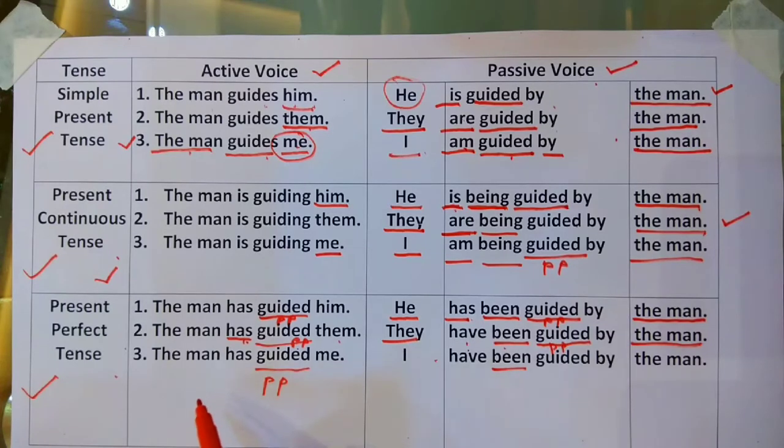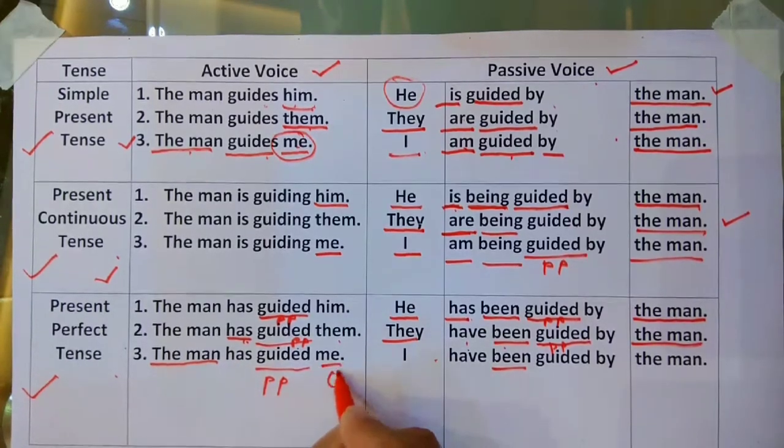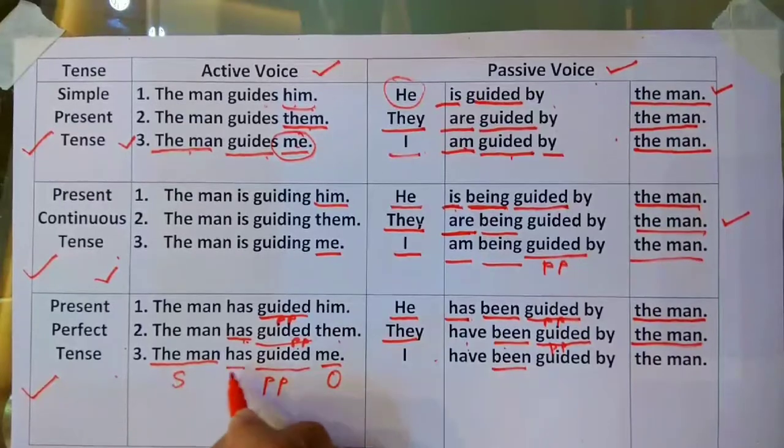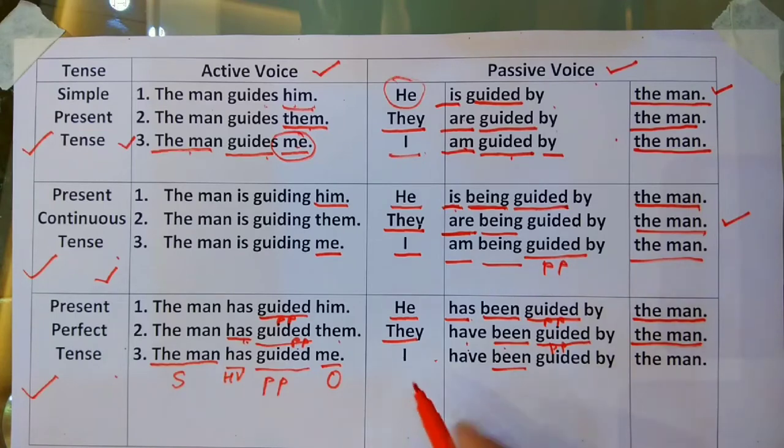Now let us come to the last sentence. The man has guided me. In this active voice, the man is the subject, me is the object, has is the helping verb, and guided is the past participle. While converting this sentence, we need to begin the passive voice with the object from the active voice.